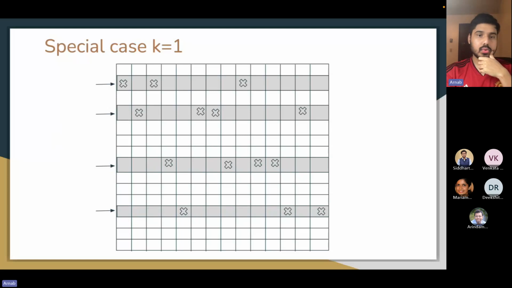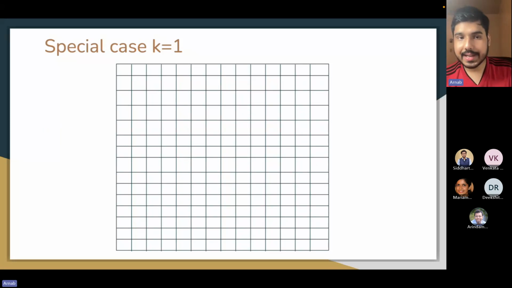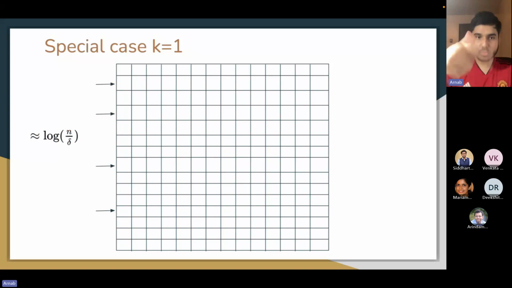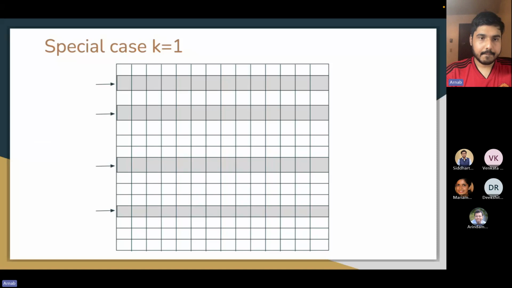The row indices are chosen uniformly at random. Once you choose them, query all the elements in those rows.